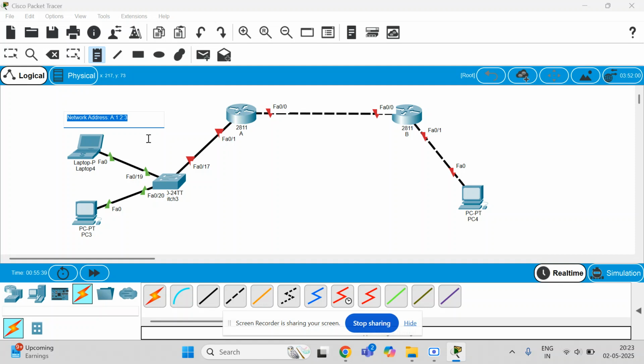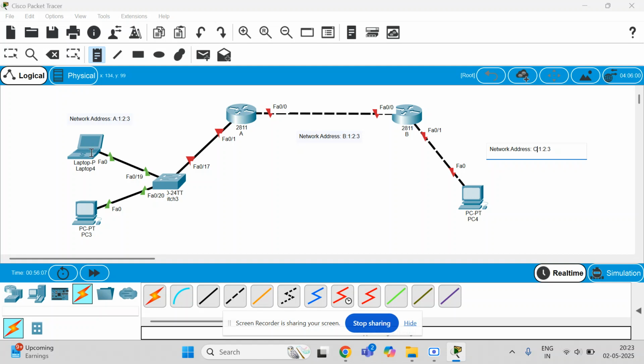Similarly, I'm using B123 for this one, and C123 and A123 for the others, right? Because half of the address we are dividing into network and half for the host machines, right? So four blocks for network and four for the host.